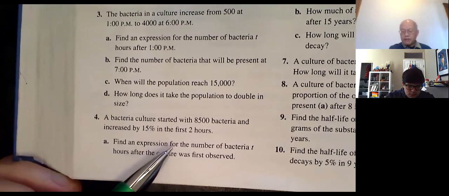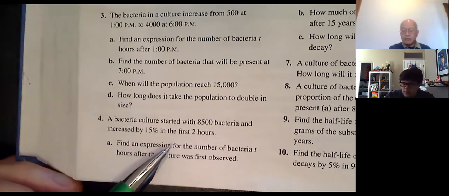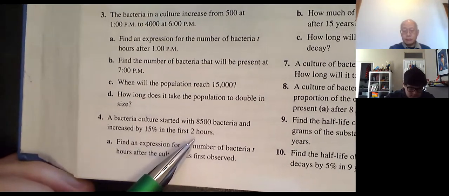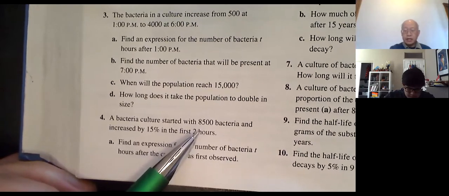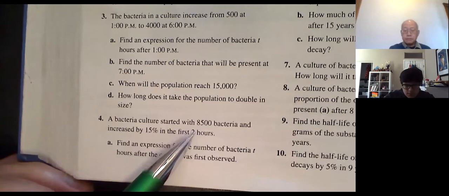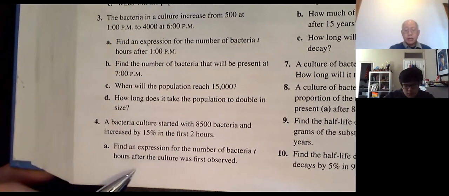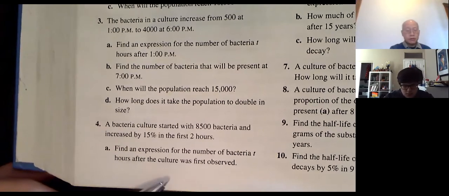Increase by 15% means I'm going to multiply by 1.15, and my time is going to be 2. So 8,500 is going to be my initial amount. Find an expression for the number of bacteria t hours after the culture was first observed. Then all this other stuff.